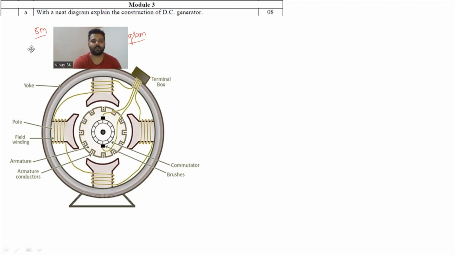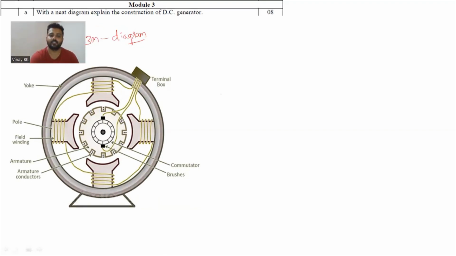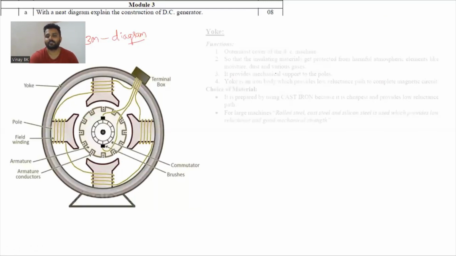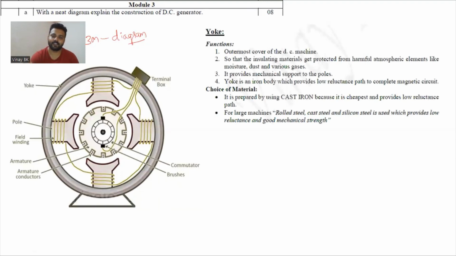So you have 5 main parts in this DC machine. The first one is the yoke. You need to write these points. The yoke is the outermost cover of the DC machine, so that the insulating materials are protected from harmful atmospheric elements like moisture, dust, and various gases.